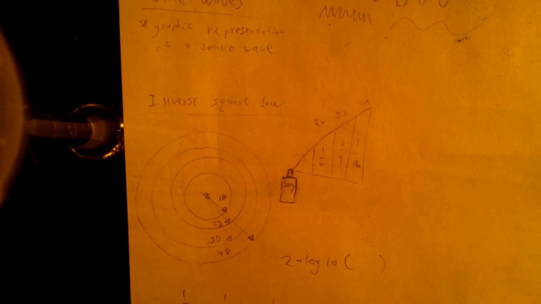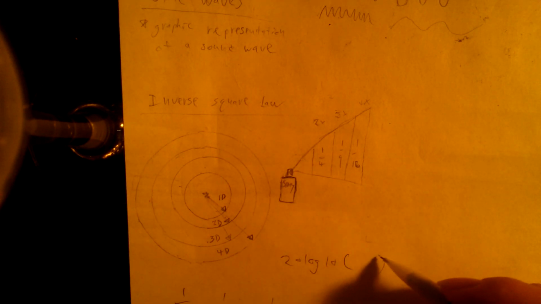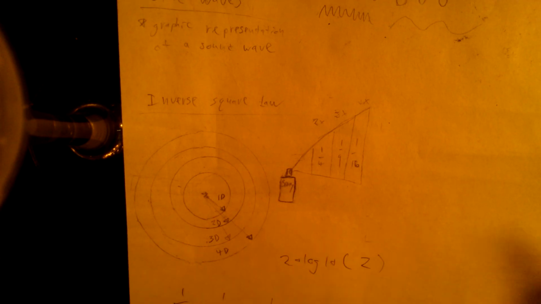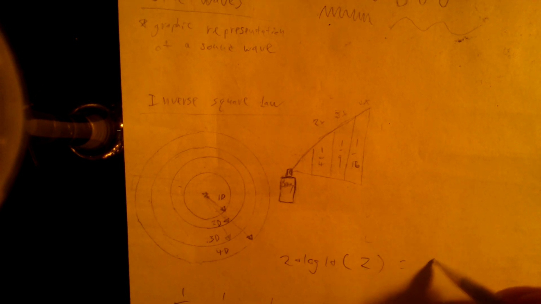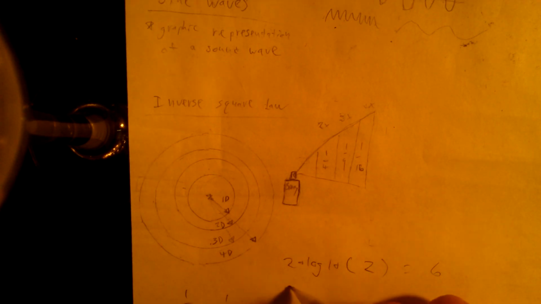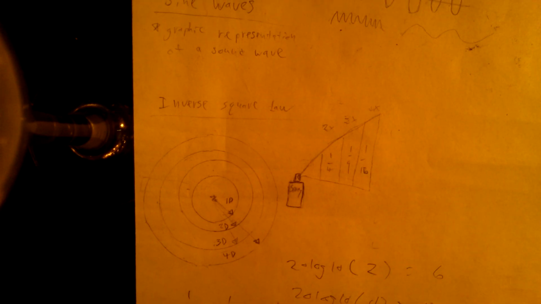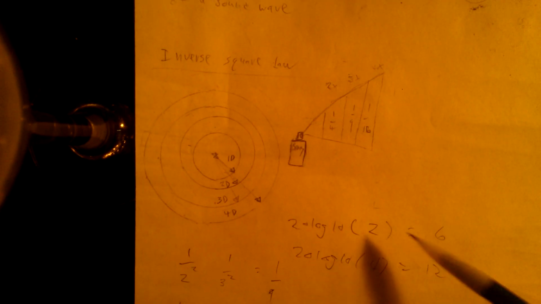Looks kind of daunting in a way if you don't know about math, but all this means is, use 20 log 10, and let's say you're 2 times away. You plug it in the calculator, and what you're going to get is a value of 6. If you do the same thing again and say 4 times away, what are you going to get? You're going to get 12. So basically, this means you double the distance. It's going to be 6 decibels softer. If you quadruple, it's going to be 12 decibels softer.